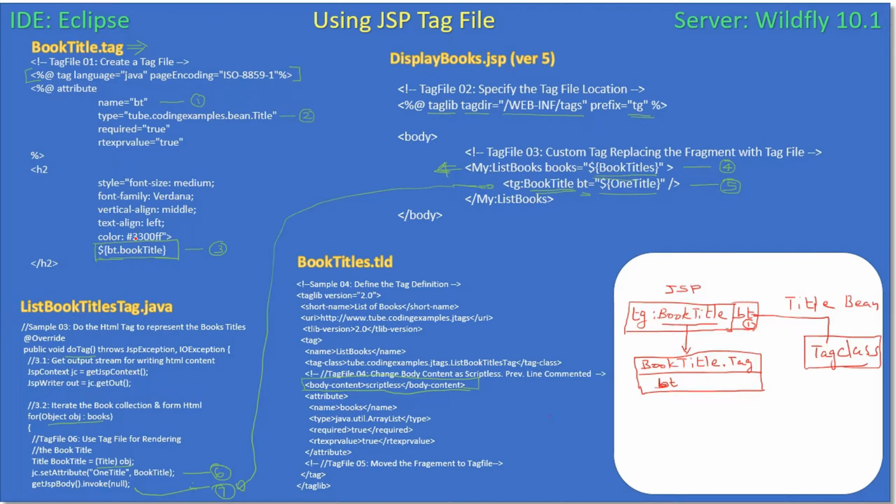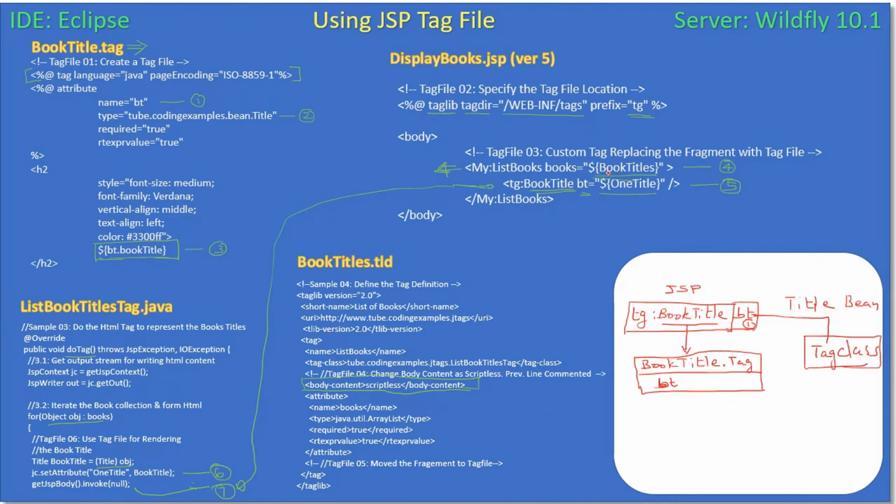And then the tag file is making use of that bt. bt is nothing but a single bean instance which is supplied through the environment variable oneTitle, and that oneTitle is set by the tag class file while it is iterating the books collection which is supplied by our myList custom tag. So you get the complete picture, right?